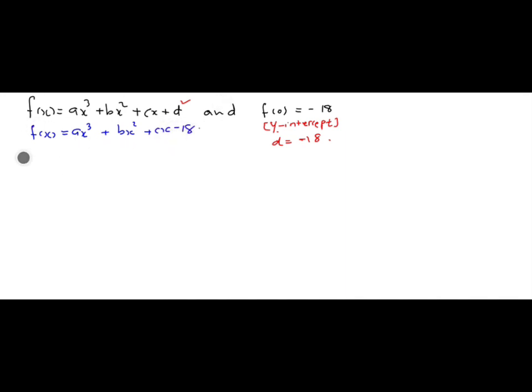Now again, initially I knew that my stationary points were at x is 1 over 3 and also at negative 3. There are actually multiple methods of working this out, but I'm going to resort to deriving. So I'm just going to find the first derivative there, and just substitute these two values.